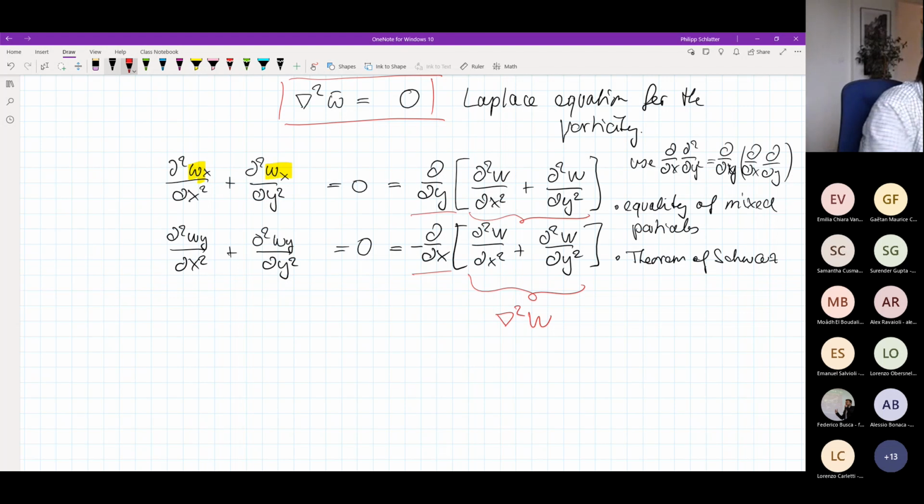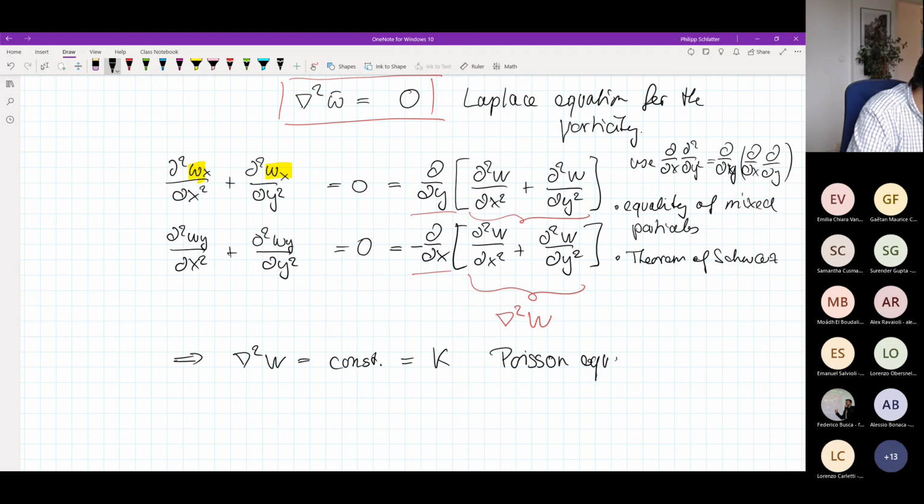There's no other way. So what this actually means is that Laplace of w is a constant. And this constant, just for naming it in some way, I can name it with the variable k.